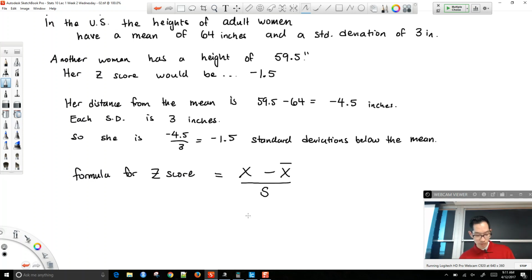Okay. Well, we can just say x minus the mean divided by the standard deviation. So this is our Z-score, and again, the Z-score is the distance from the mean expressed in standard deviations.